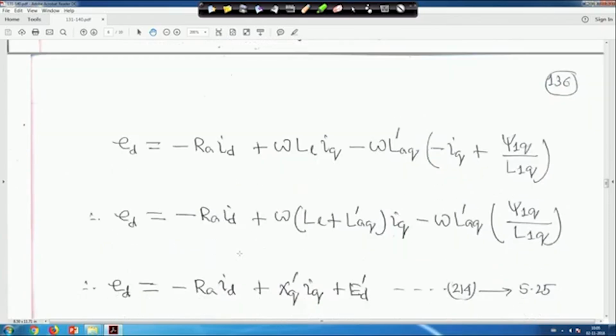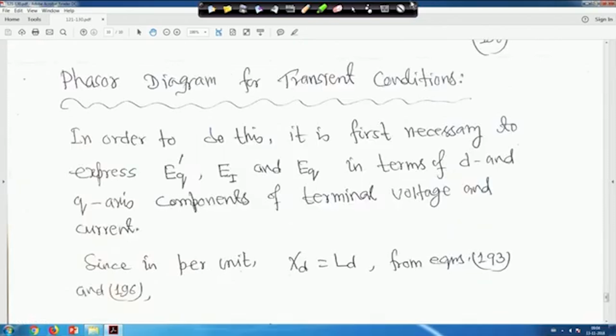Or you will see ED is equal to minus RA ID plus omega in bracket LL plus LAQ dash IQ minus omega LAQ dash in bracket psi 1Q upon L1Q, or it can be written as minus RA ID plus xq dash IQ plus ED dash.